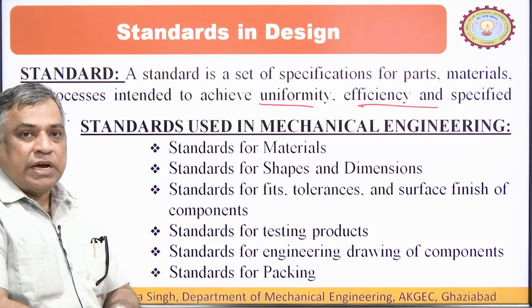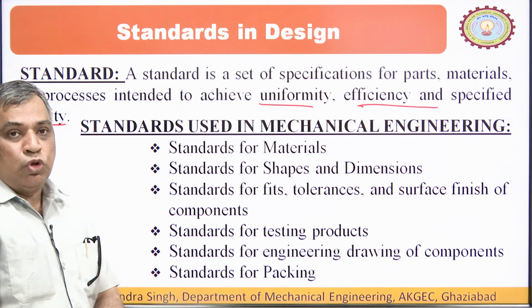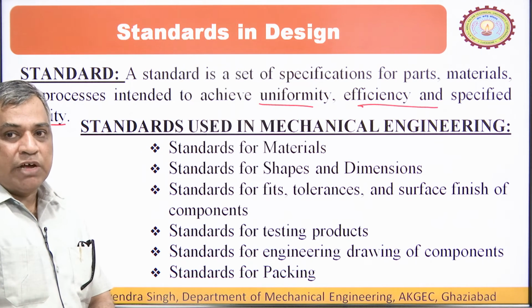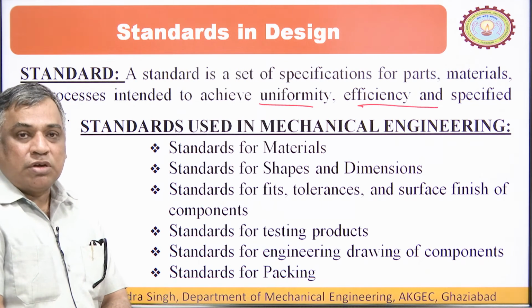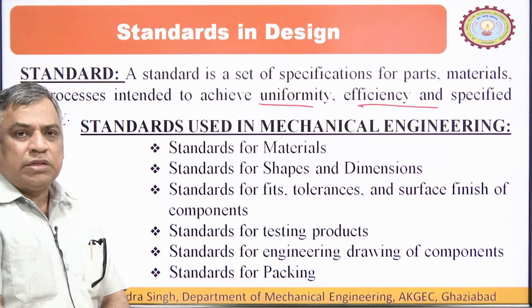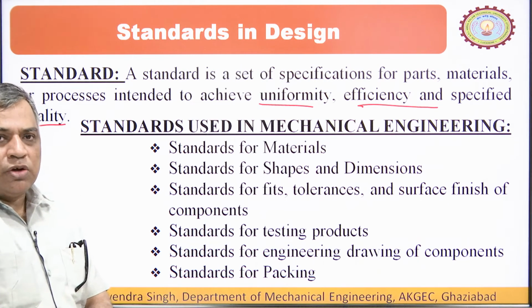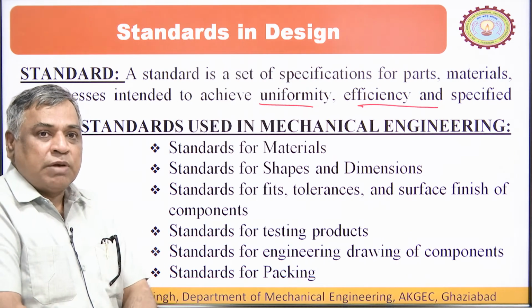Say cast iron for a certain bull gear, for example. For flanges of a rigid flange coupling, we can use cast iron, or any other component you can think of, for which you will get the standard materials for the application.